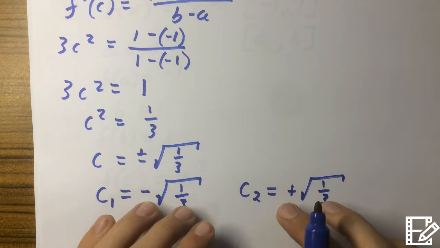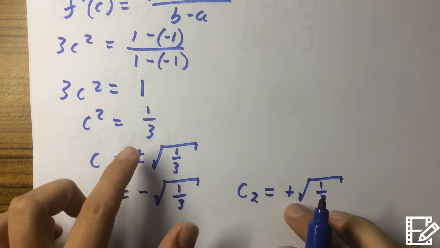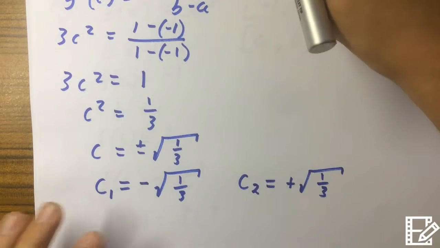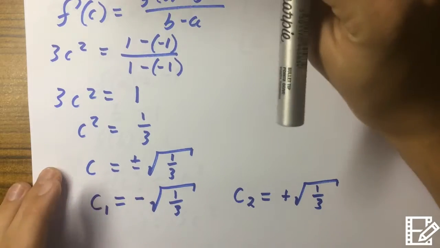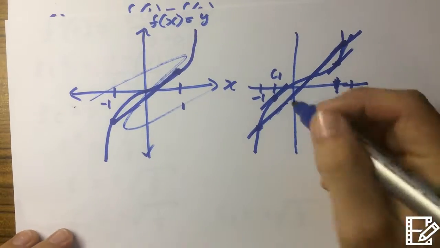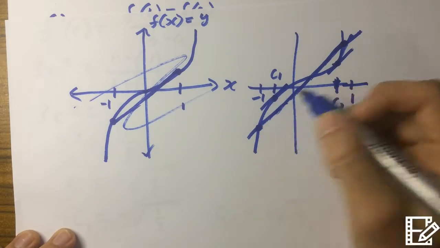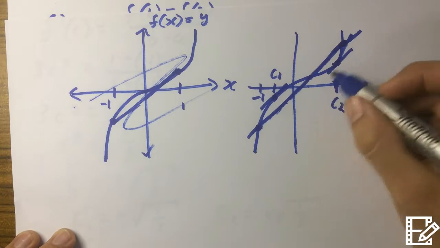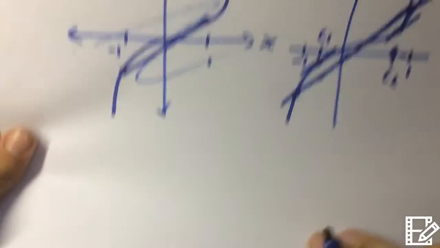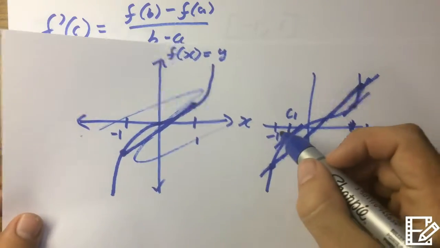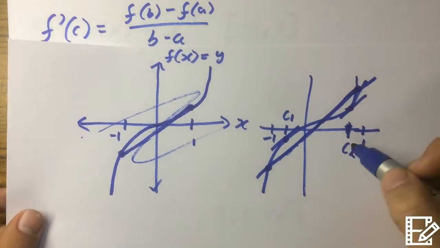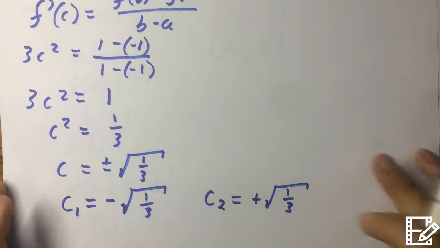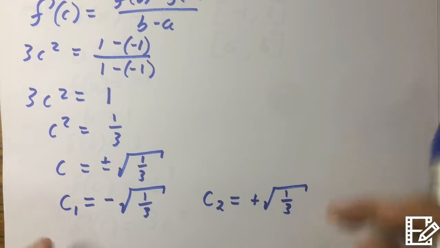Therefore, we have a positive and a negative value that could be the answer to c. And as you can see here, we're in negative x, and we got in positive x, which makes sense. So we have two values because we have two c points. It makes sense.